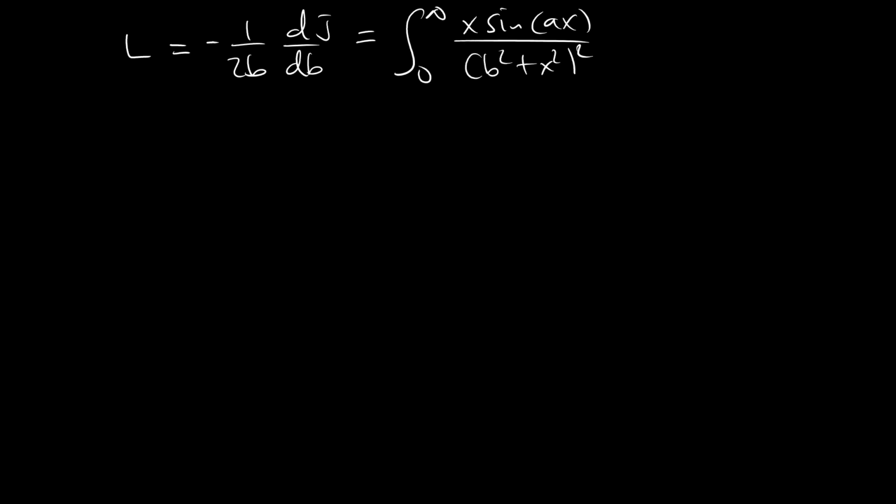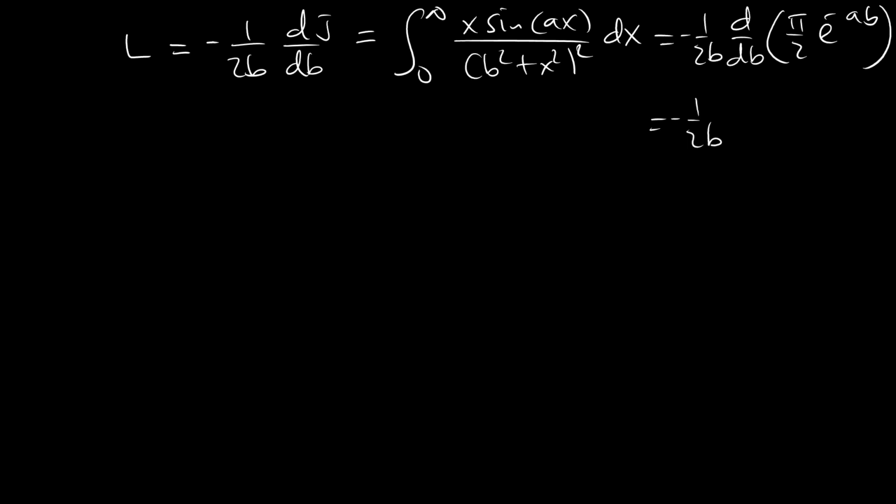So which is the same as 1 over 2b, the derivative of pi over 2 e to the negative ab, which is 1 over 2b times pi over 2 in brackets negative a e to the negative ab.